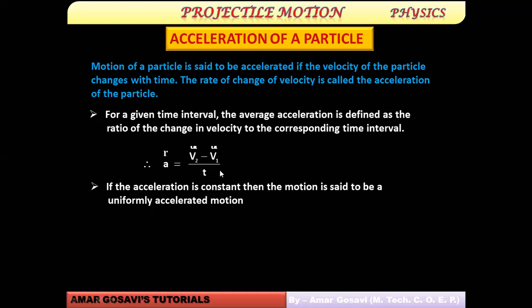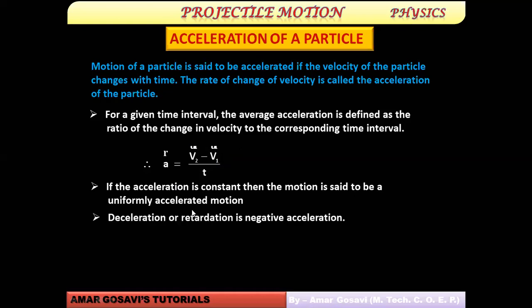Whenever you talk about acceleration there will always be a change in velocity, but if this change is at a uniform rate, the acceleration is constant, and that motion is uniformly accelerated motion.